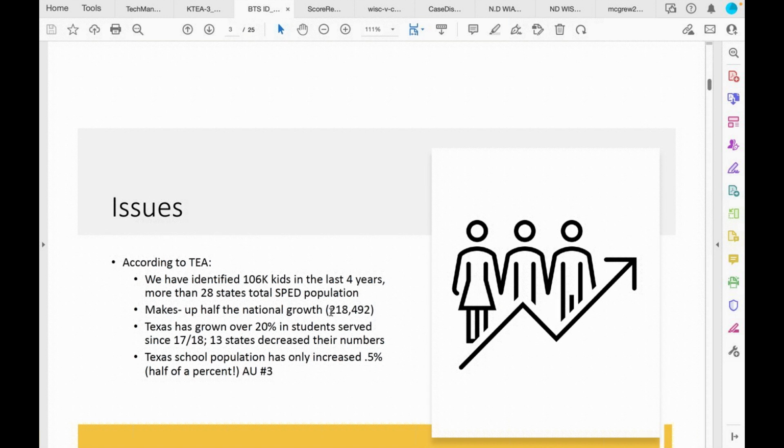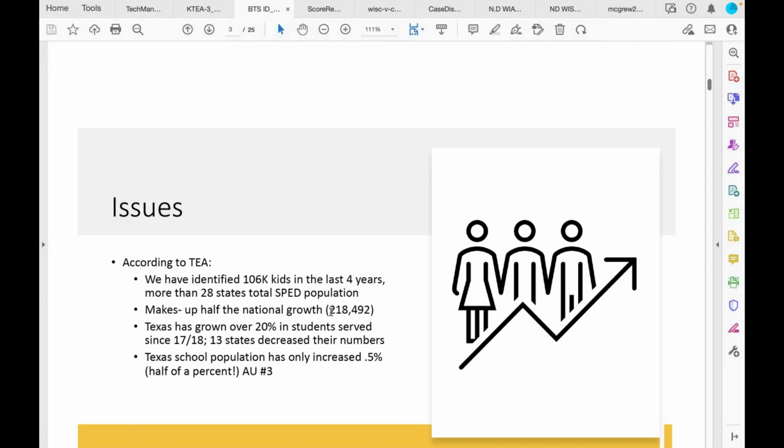Texas has grown over 20% of students served in special ed since 17-18. That was right after the corrective action plan, or the first year that we started moving away from child find and going straight to child test. And over that same period of time, 13 states decreased their numbers.